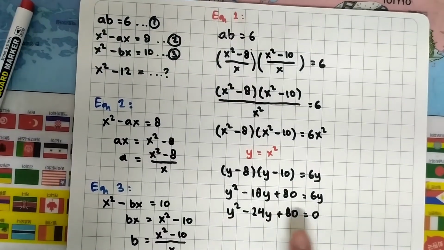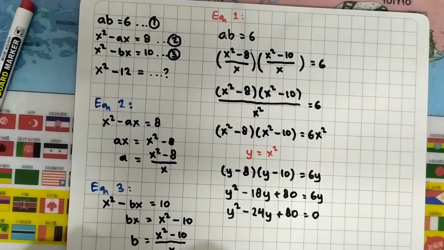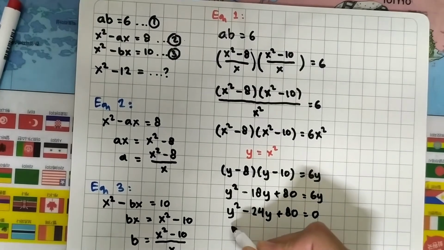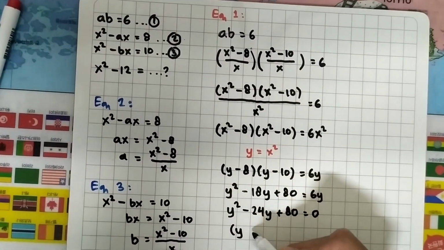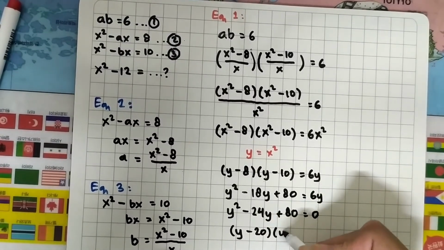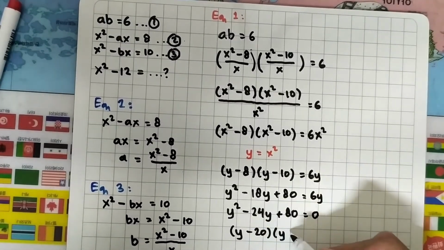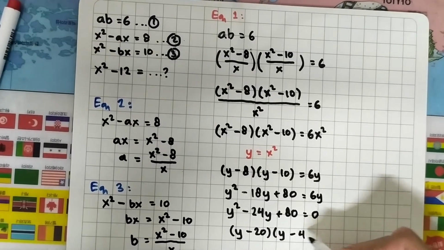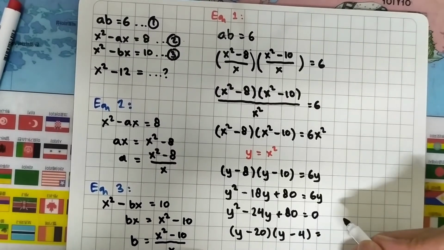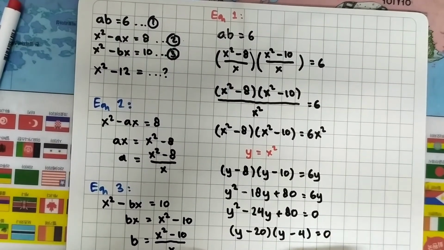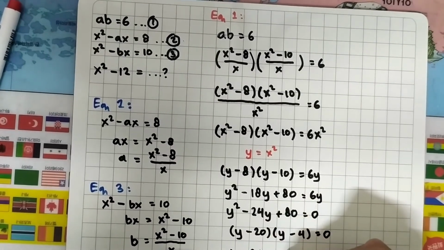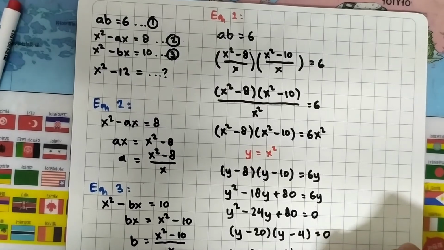And now we have this nice quadratic equation that we can factor. y minus 20 times y minus 4 is equal to 0. So we have y is equal to 20 or y is equal to 4.